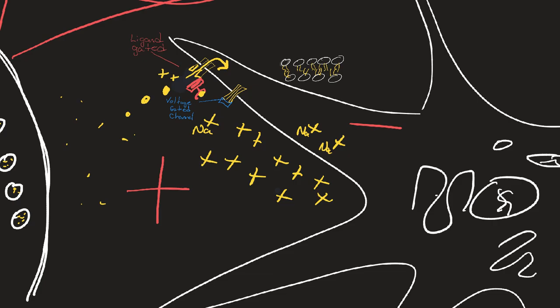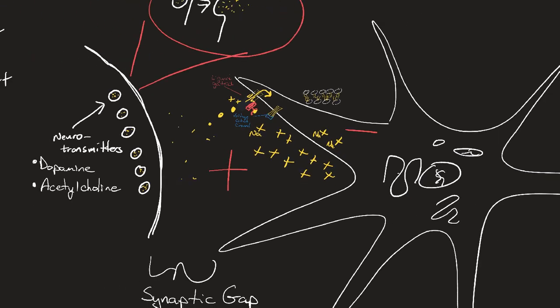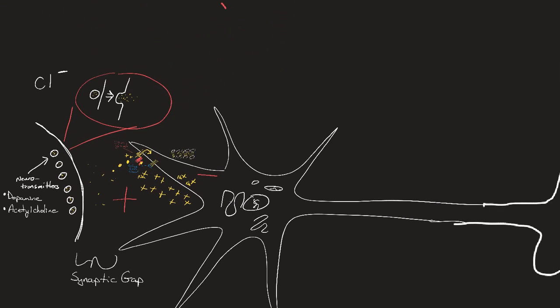Let's talk about what depolarization, polarization is. At the beginning, you have two sides. You have a positive side and negative side. So this is polarized. The battery is charged. When you open that membrane, because of the acetylcholine or the neurotransmitter binding to that ligand gated channel, you go from polarized to slightly polarized or depolarized.